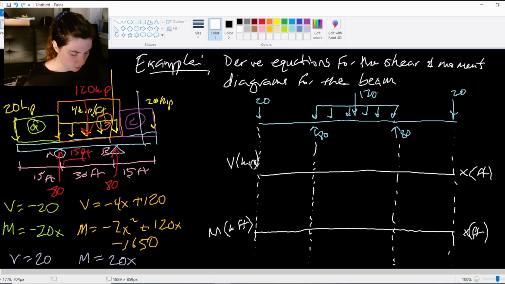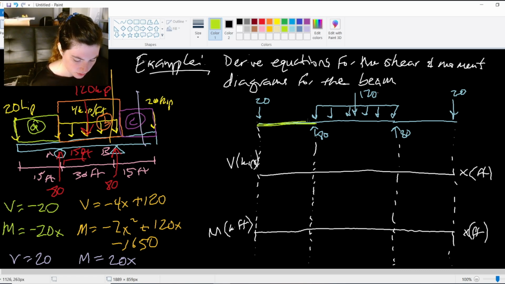Right, so my first load continuity area in green was this first region here, and it had an equation for shear of -20. So -20, let's graph this in blue. Excellent.